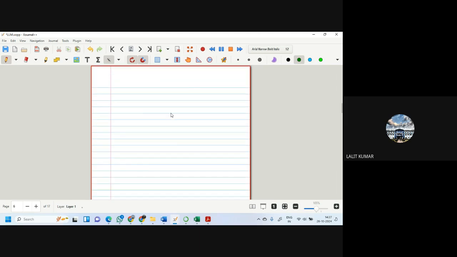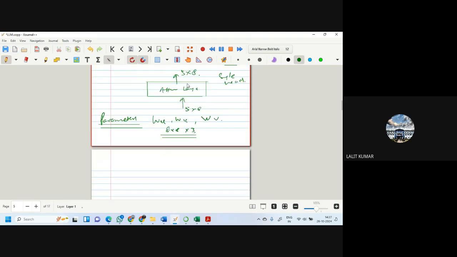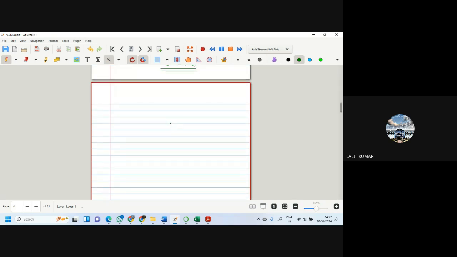Once you get this output, you pass it through a linear layer, WO. This 5 into 8 which we have got, we pass through WO, and the size of WO is also D model into D model. So we again get 5 into 8 size.